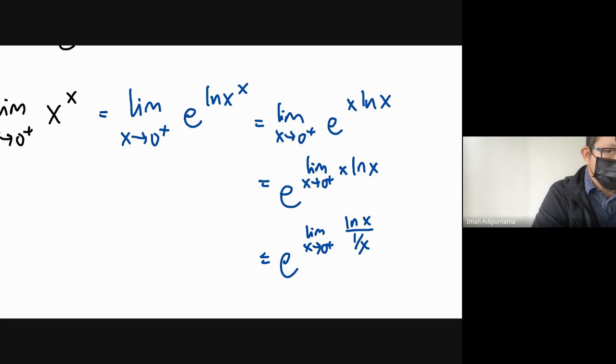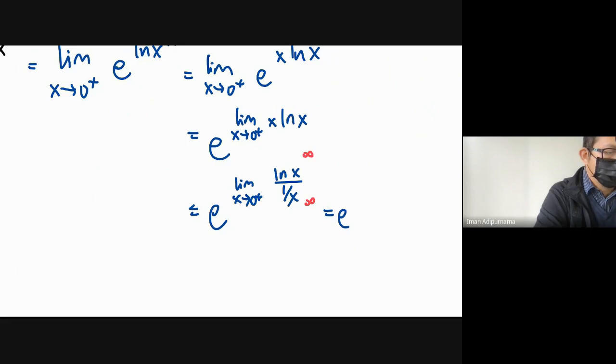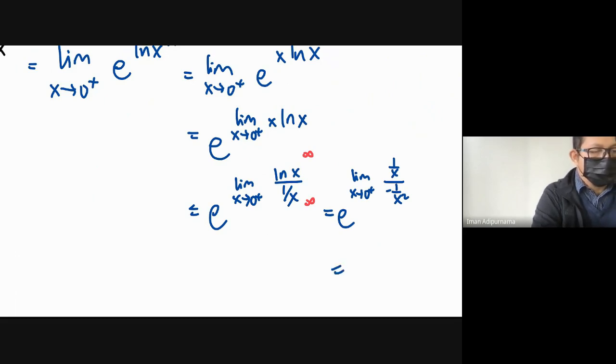And we know from the L'Hopital rule, this will be negative infinite over infinite. So we can do some L'Hopital rule. And this will be resulting with x, right? So this will be resulting with e with power of 0. So this will be 1.